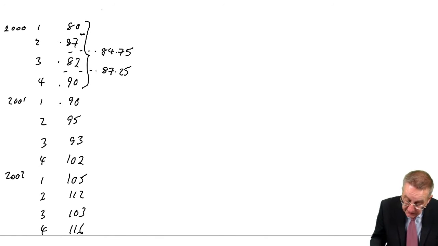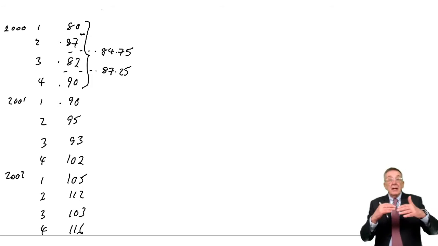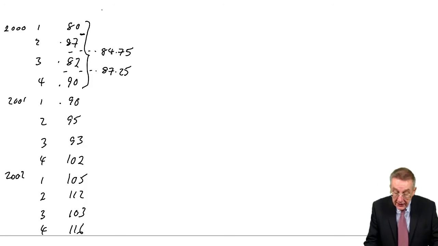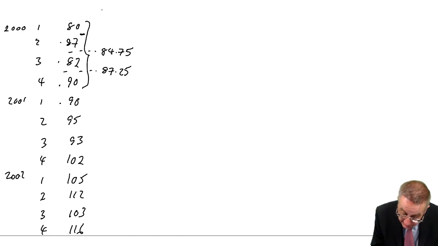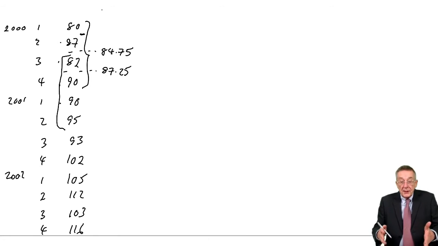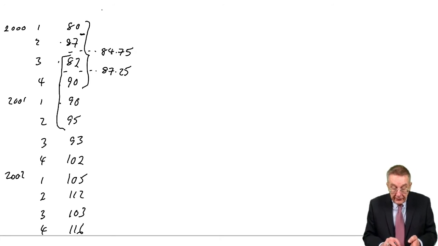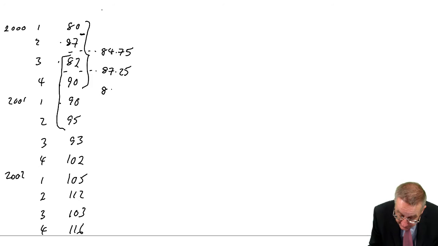And so on. We keep taking successive 12-month averages. So the next 12-month period is from here to here. Again, we've got 4 quarters, average them. 82 plus 90 plus 90 plus 95, divide by 4, 89.25.